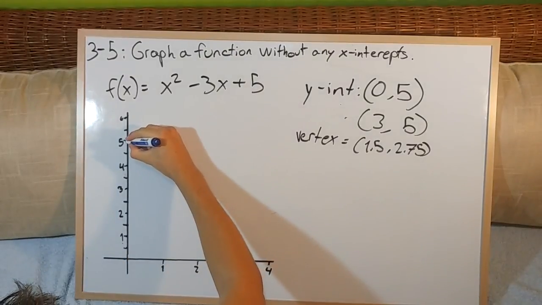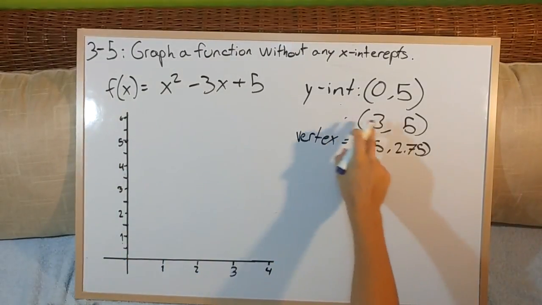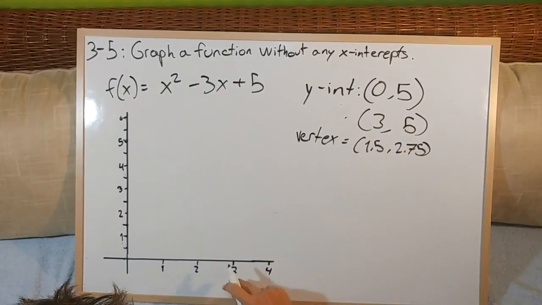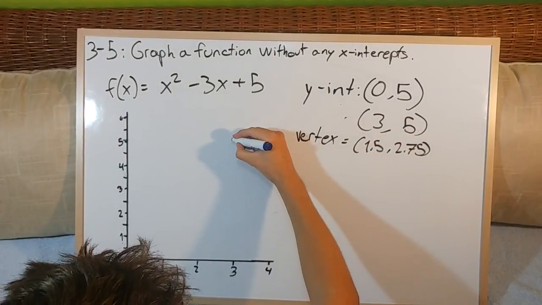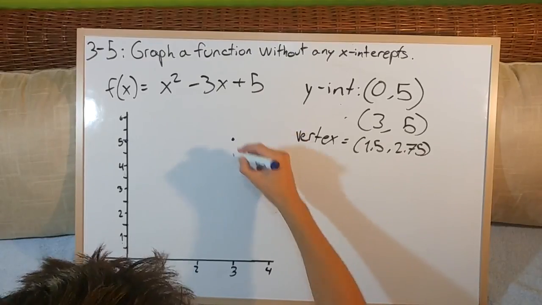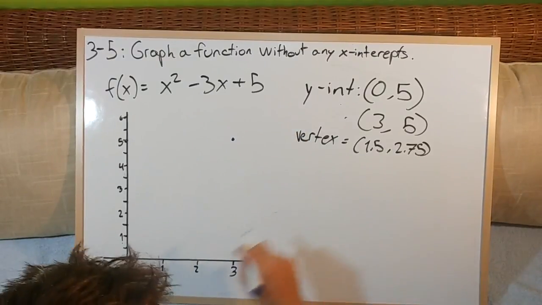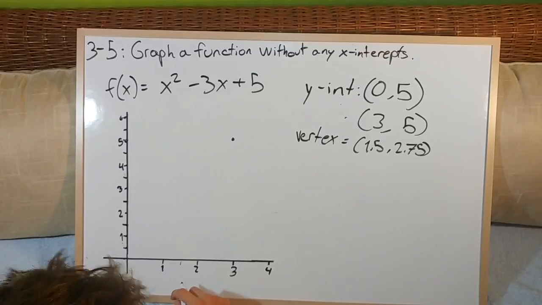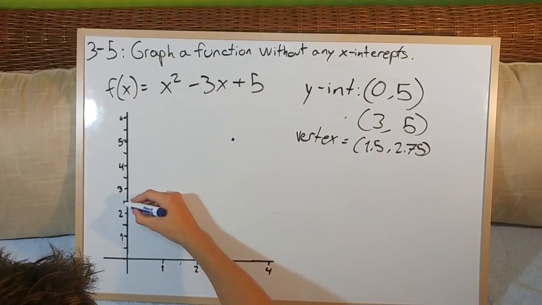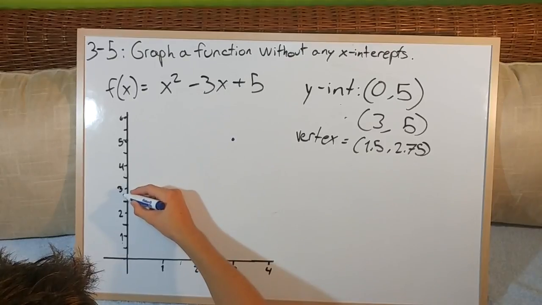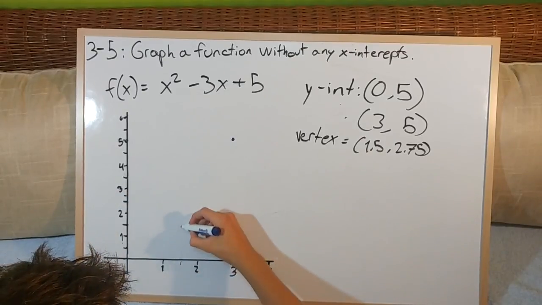There's the point here. The other point on the graph, (3, 5). And the vertex, 1.5, right there, and 2.75.